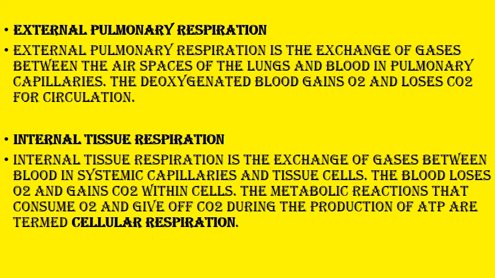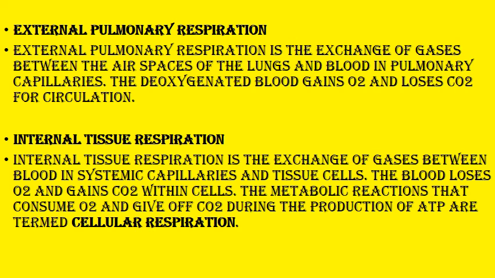External and internal respiration. External pulmonary respiration is the exchange of gases between the air spaces of the lungs and blood in pulmonary capillaries. The deoxygenated blood gains oxygen and loses carbon dioxide for circulation.